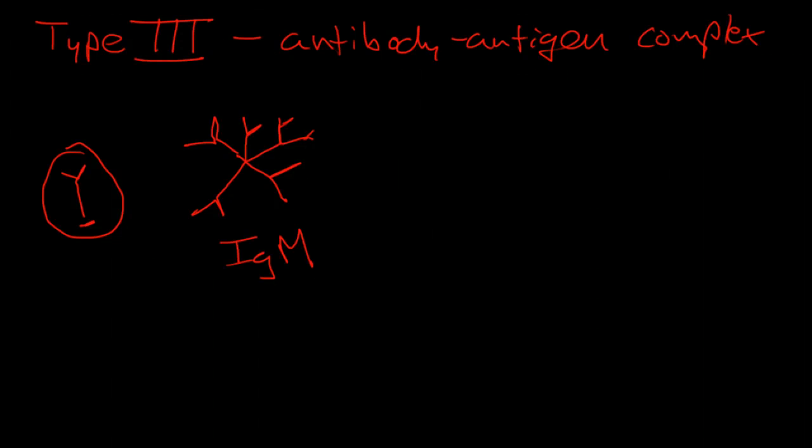And so what happens is we end up with a complex antigen binding with this, and it quickly agglutinates into this huge ball of antigen-antibody complexes, and these create gigantic molecules that are really, really big.